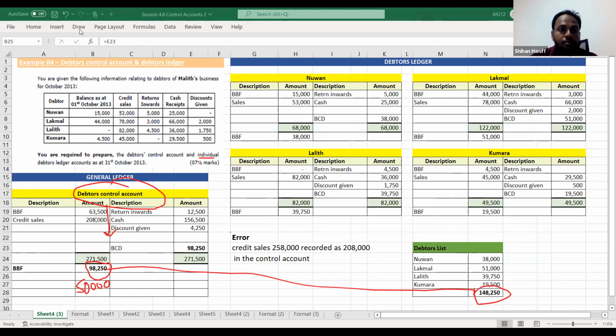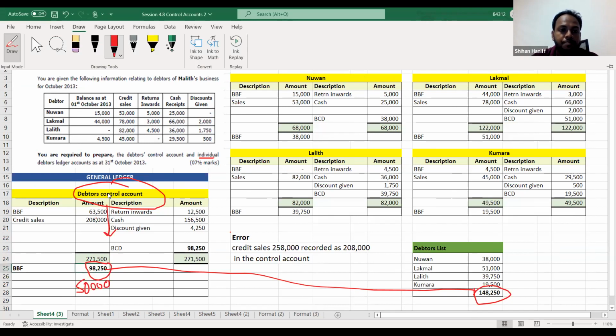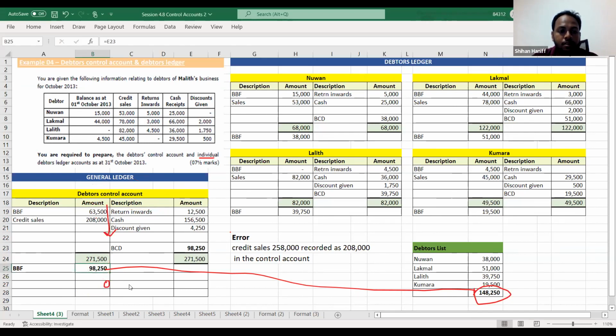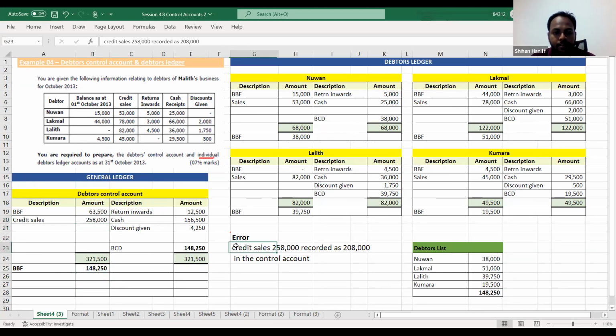Okay, now this is here. All right. Now let's take another example. Go back to the normal scenario. 258,000. Let's take another error. This is error 1. Now another error, error 2.